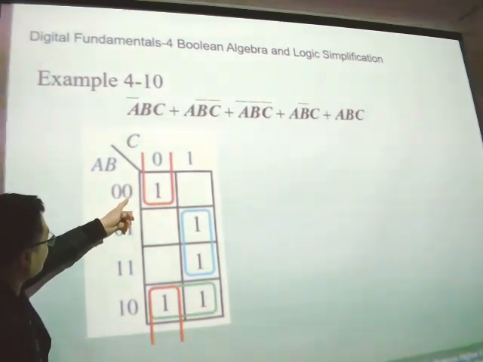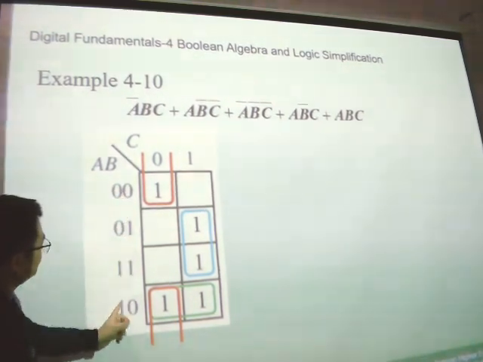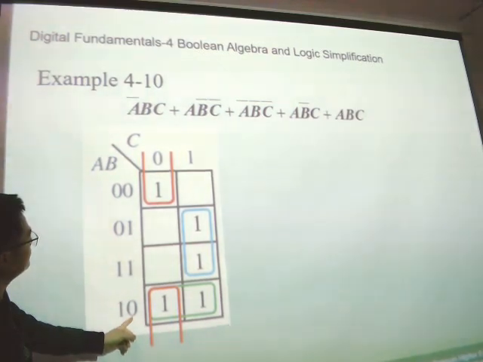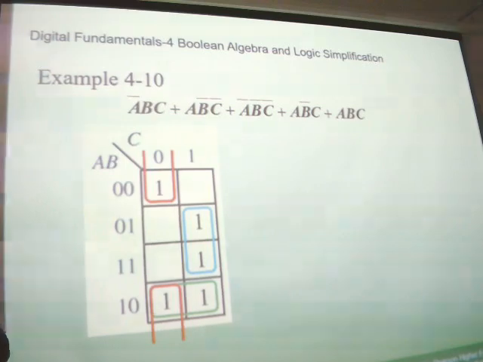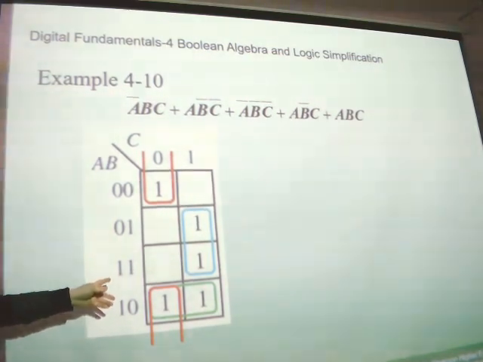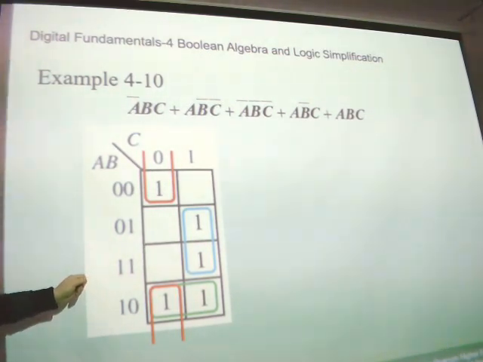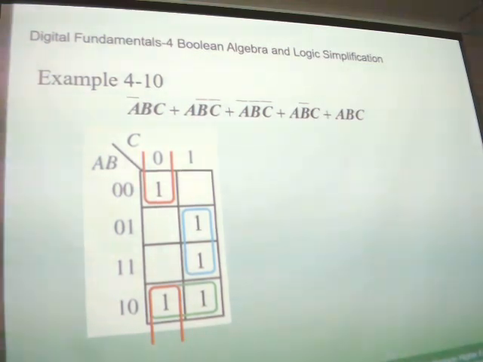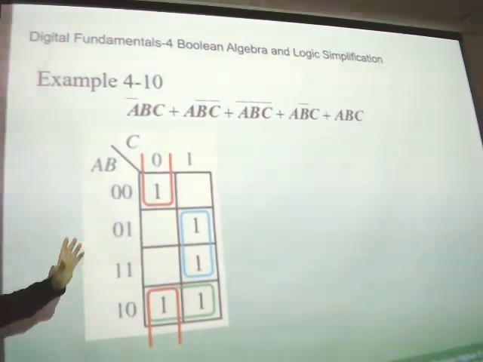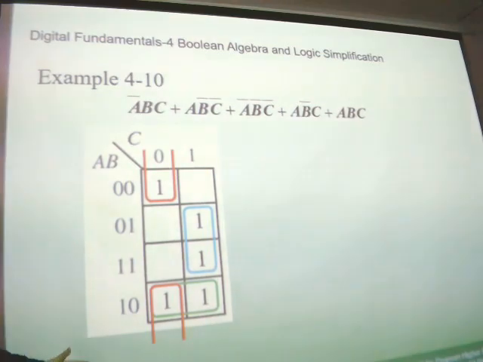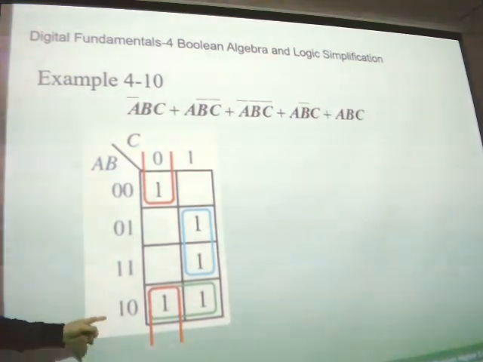A bar, B bar. A, B bar, C bar. So the product term is... A bar, A, so A must be eliminated.